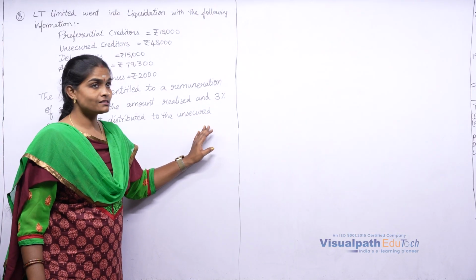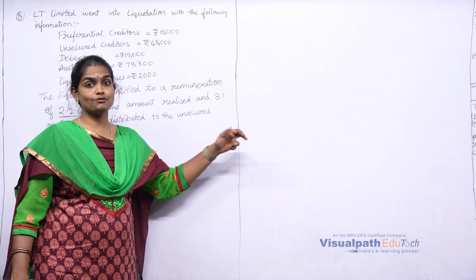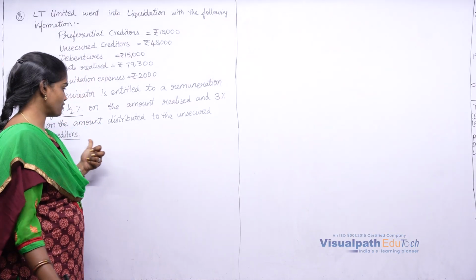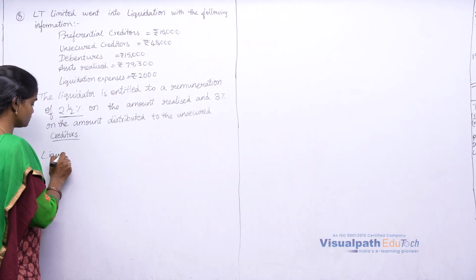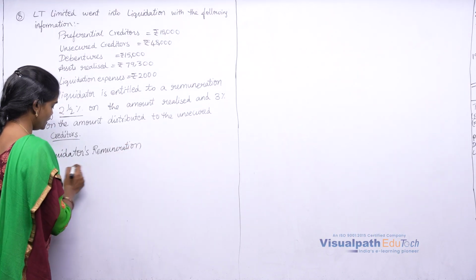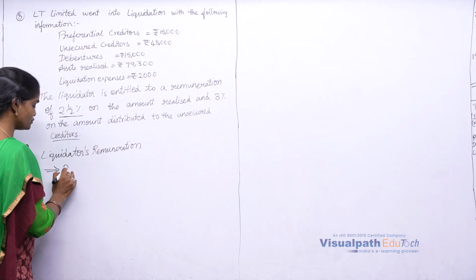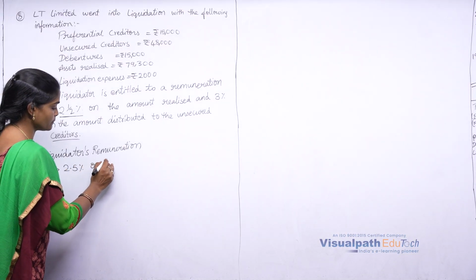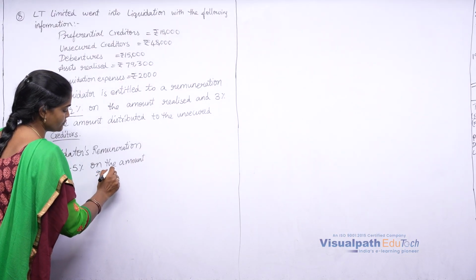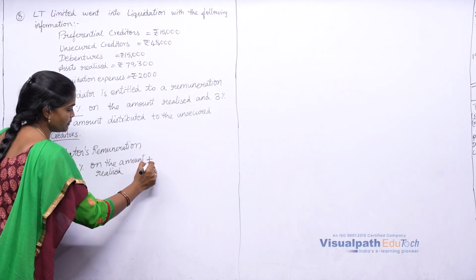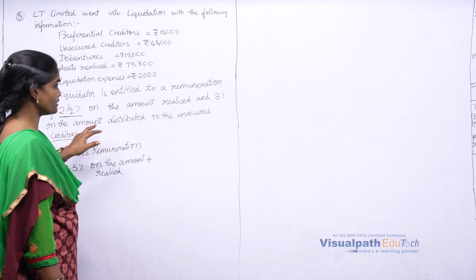So first calculate the liquidator's remuneration and find out whether the company is solvent enough to pay the unsecured creditors. So first, as per the question, liquidator's remuneration equals 2.5% on the amount realized plus 3% on amount distributed to the unsecured creditors.